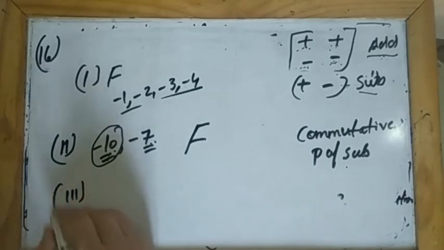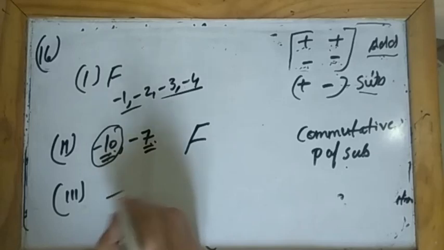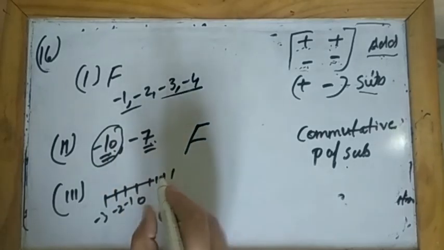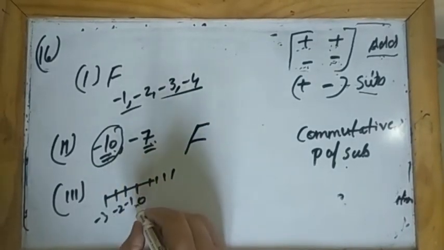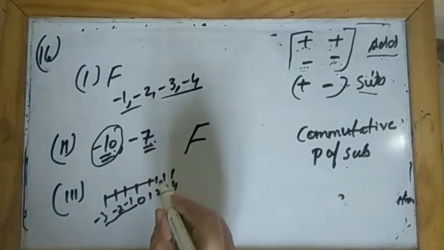So -10 is not greater, but -10 is smaller than -7. The third part says 0 is larger than every negative integer. In the beginning I told you when I drew the number line that 0 is bigger than the negative numbers but smaller than the positive numbers.